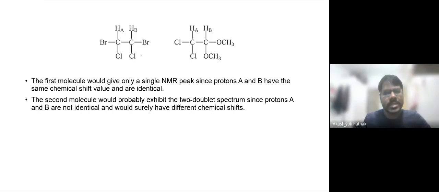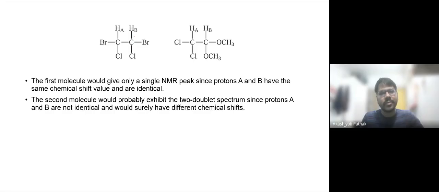So if we see this example again, the first molecule will only give a single NMR peak, since proton A and proton B have the same chemical shift value and are identical.